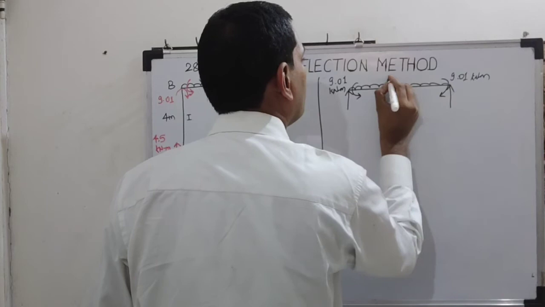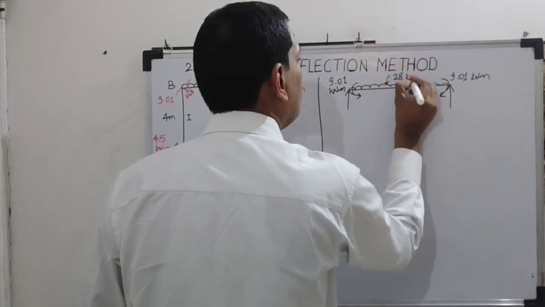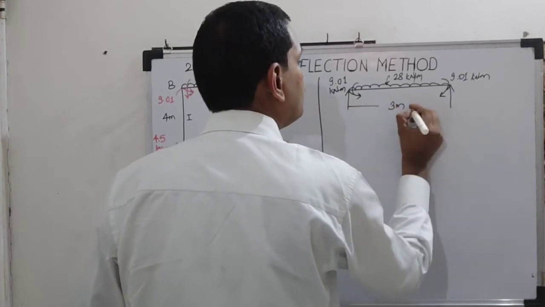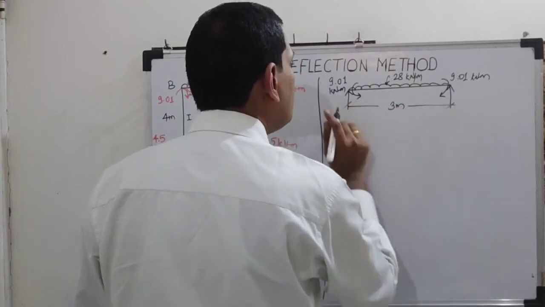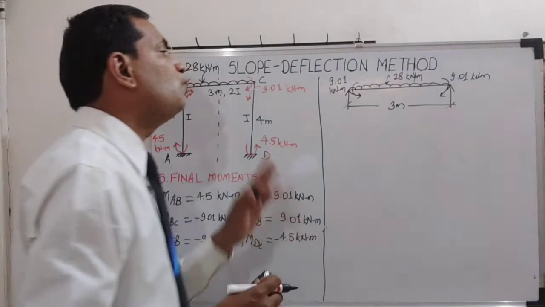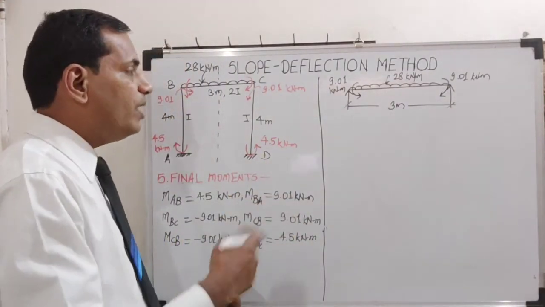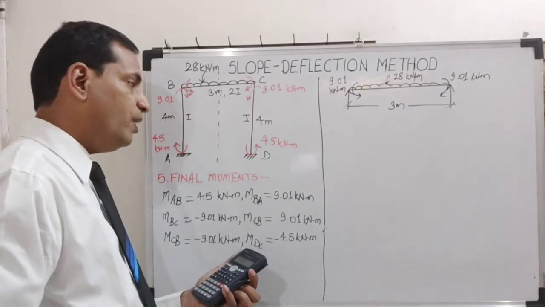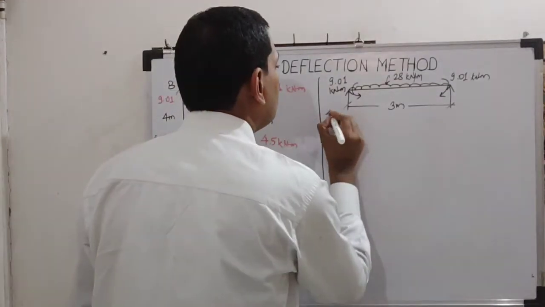The external loading, how much? 28 kilonewton per meter. Distance is 3 meter. So here these reactions will be half of the total load. What is total load? 28 into 3. So half of 28 into 3 is 42 kilonewton.